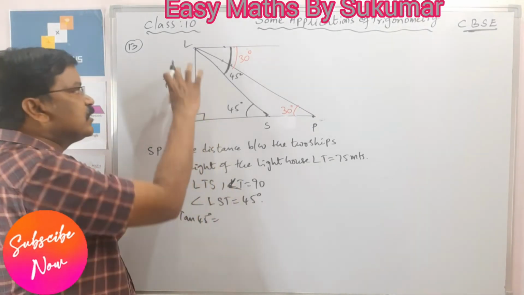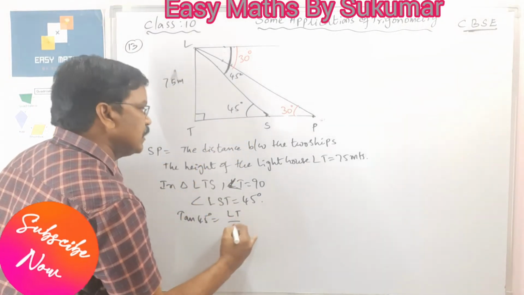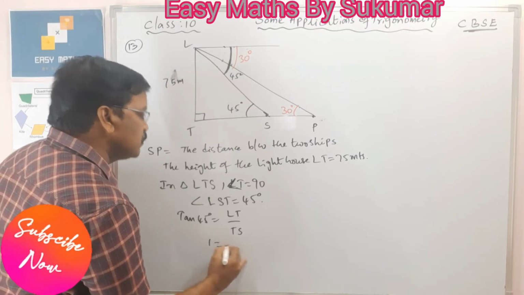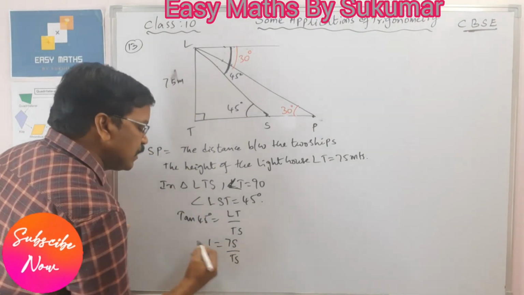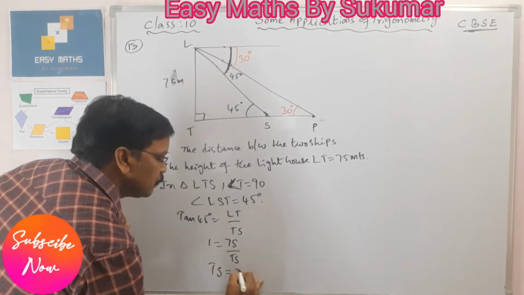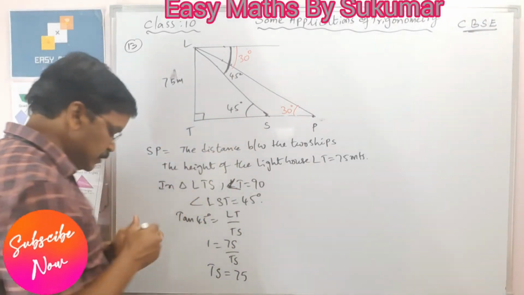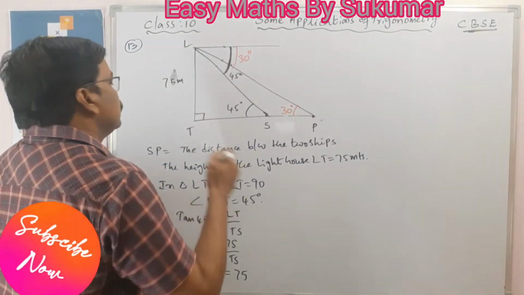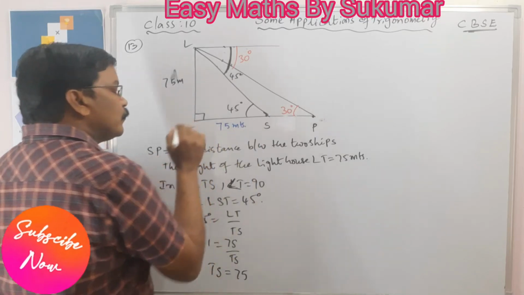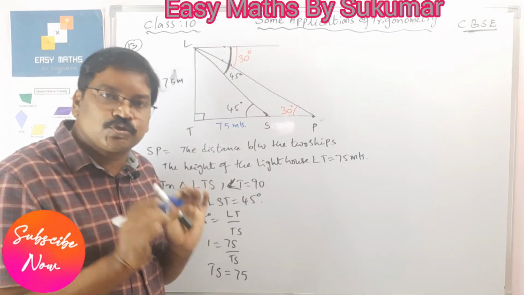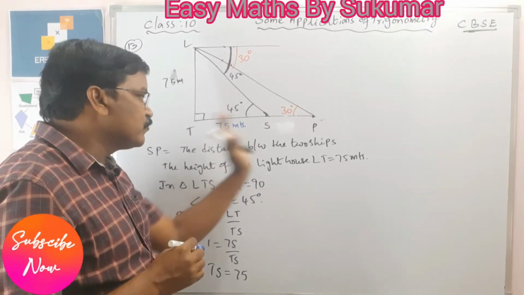Tan 45 degrees means opposite side by adjacent side, that is LT by TS. So 1 is equal to 75 by TS. By cross multiplication, TS is equal to 75. That means the distance from the bottom of the lighthouse to the first ship is 75 meters.